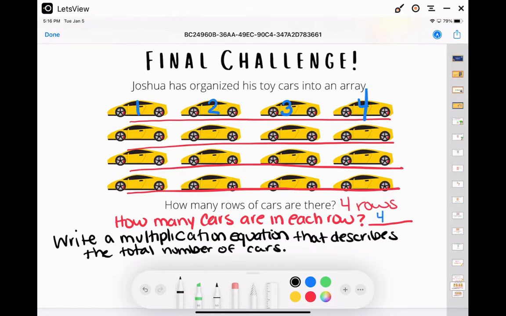Write a multiplication equation that describes the total number of cars. Write that in your Nearpod at this time.